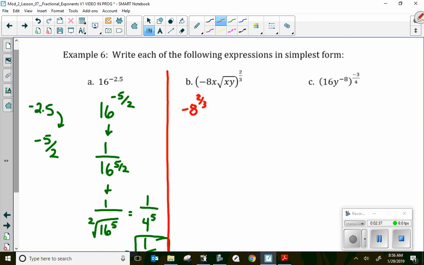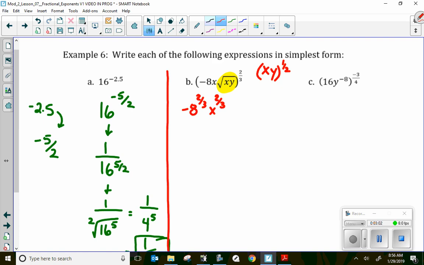My x next to it gets a 2/3 exponent. And that x and y have a square root. This xy already has a square root to it. So technically, that's xy to the 1/2. Each one of those gets the 1/2.